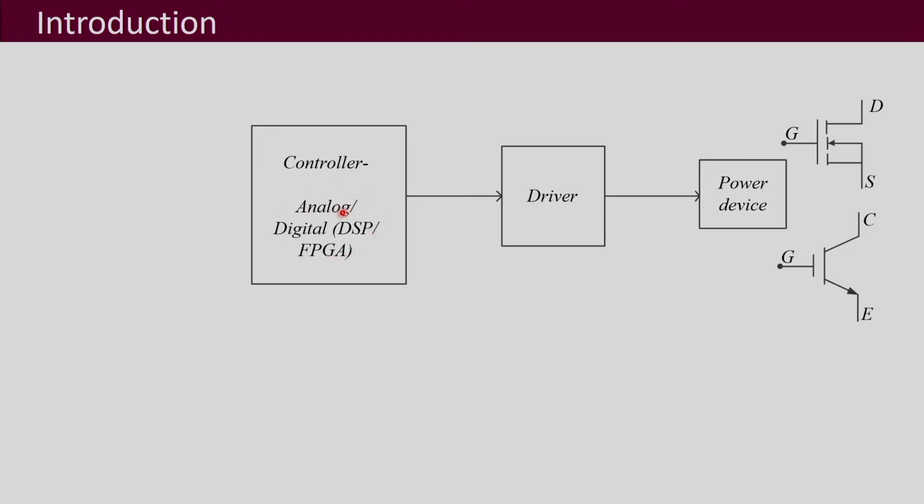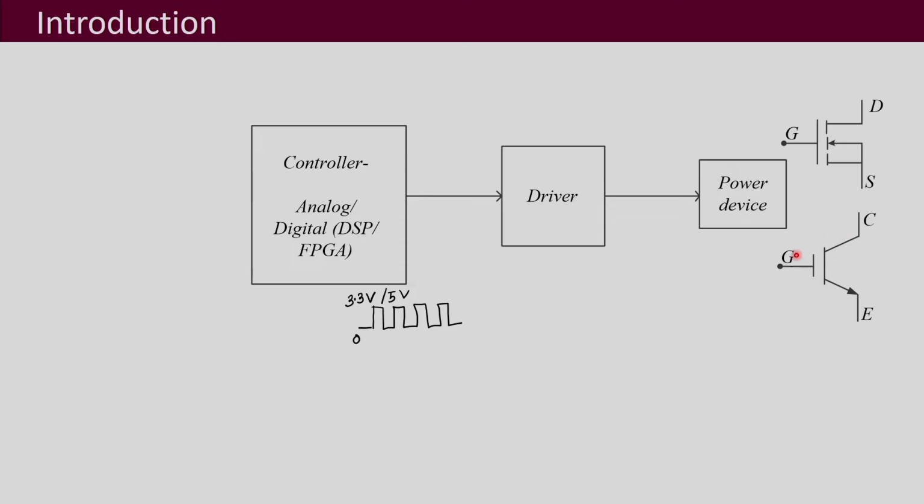The controller may be an analog controller or a digital controller, and in terms of digital controller it may be a microcontroller, DSP or FPGA. Then you have these PWM gate pulses given by these controllers, and these are usually of lesser voltages, let us say 0 to 3.3 volt or 5 volt.